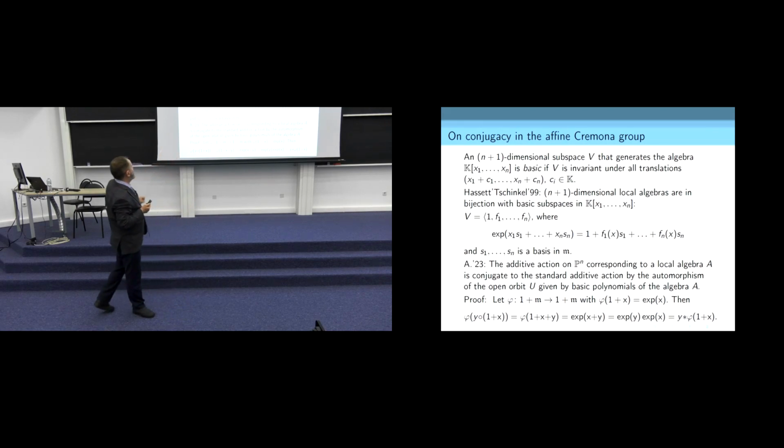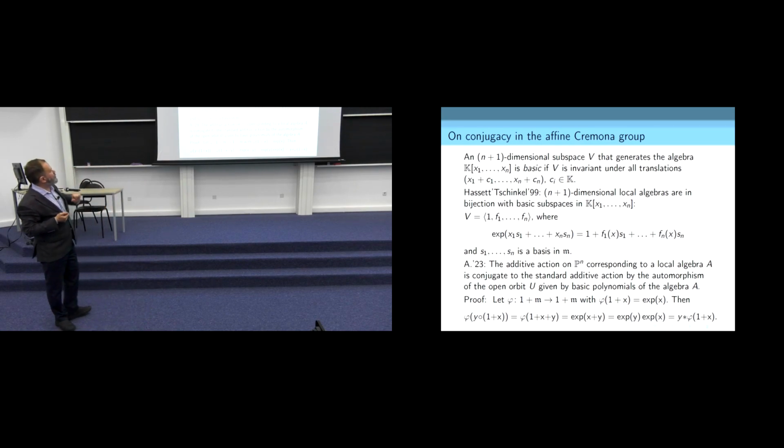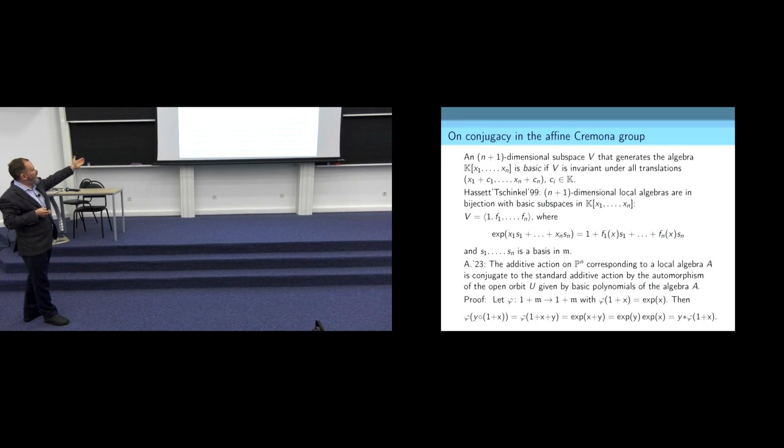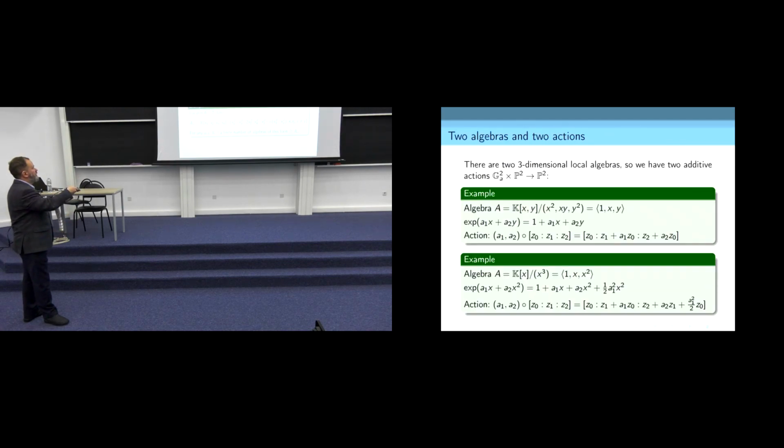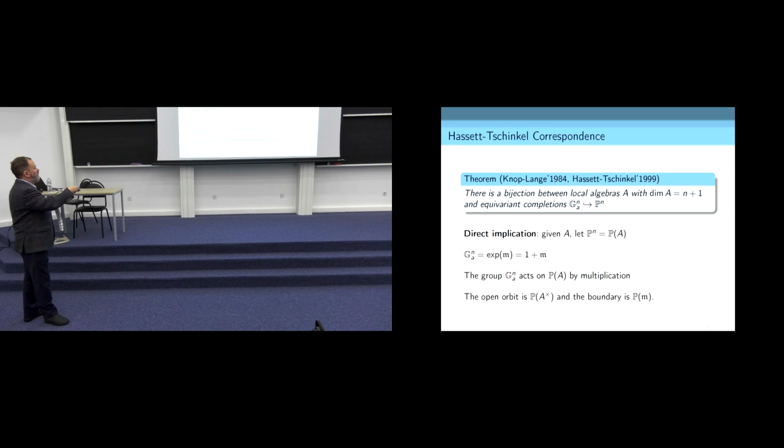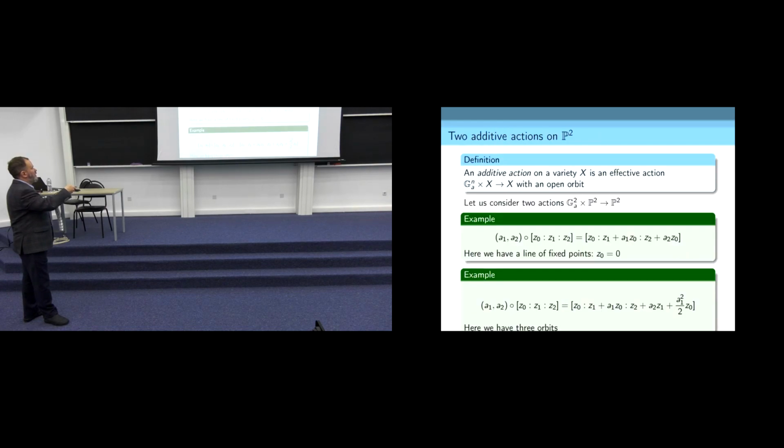So my observation is that these polynomials are precisely the coordinates of the automorphism which conjugates one additive action to the standard additive action. I'm sorry, maybe I should return. By standard additive action, I mean this.